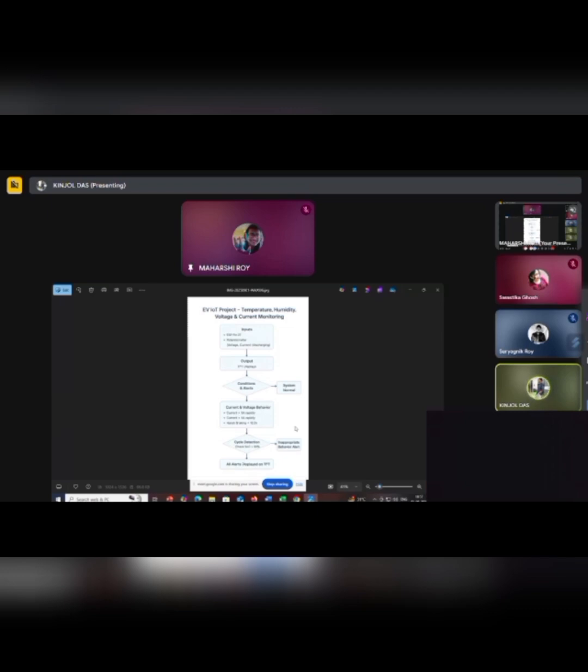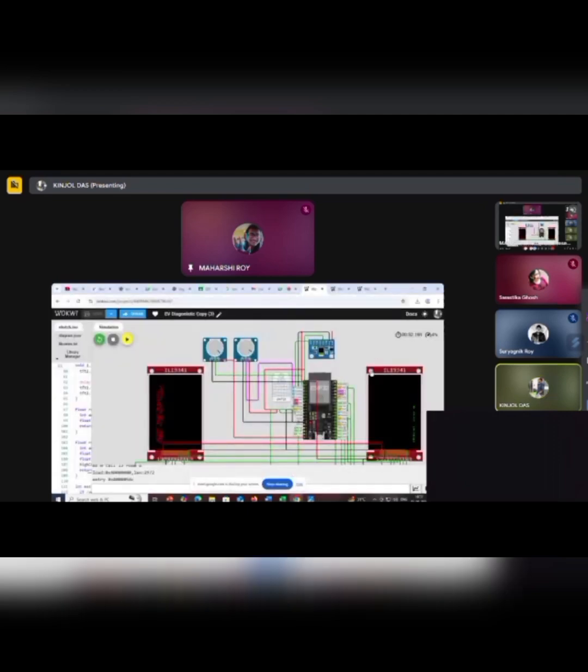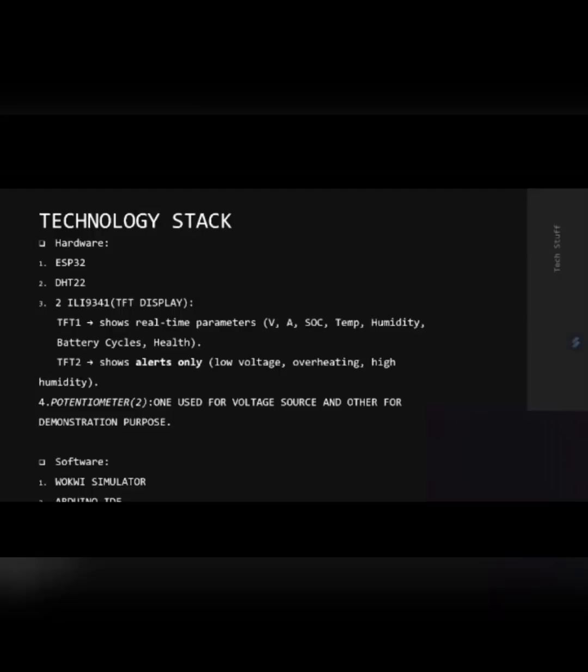That state of charge is measured, and all alerts will be given on the TFT display. If no alert is given, then the behavior is appropriate. That is, the system is functioning well. This will update after every 2 seconds. So this is our project.